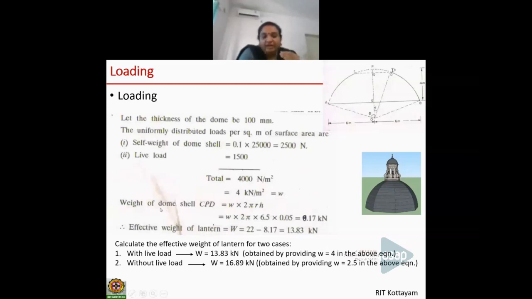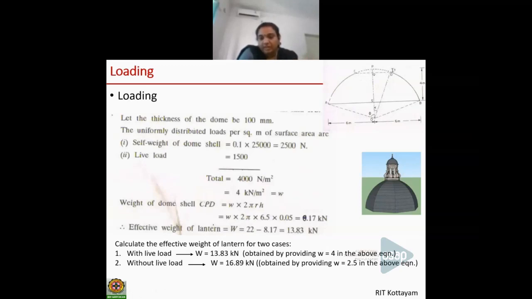And we have to calculate the weight of the dome shell. See, this is a very approximate formula. The actual formula is much more complicated. That is why in the textbook, they have adopted this very simple formula. This gives an approximate value of the weight of the dome shell.